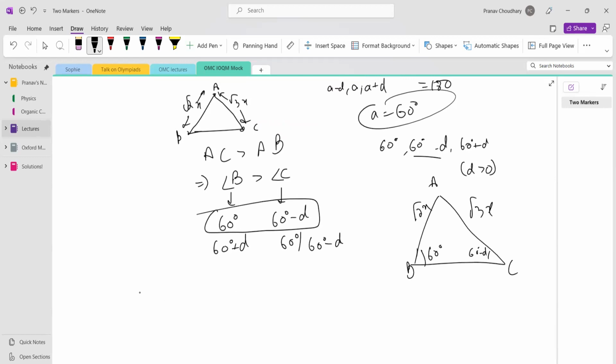So by sine rule, sine of angle B, which is root 3 by 2, times sine of angle C must be root 3 by root 2.